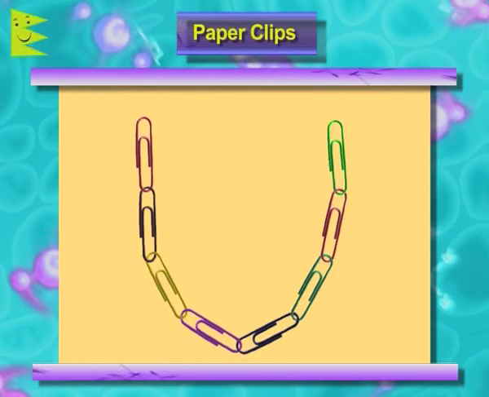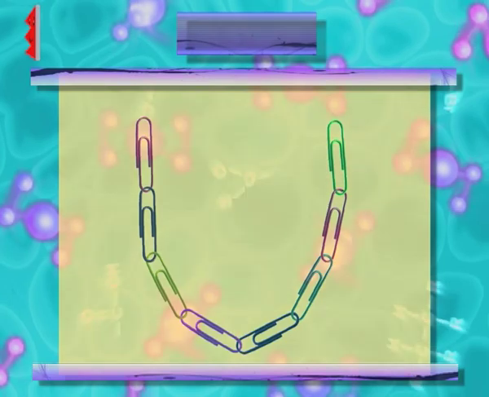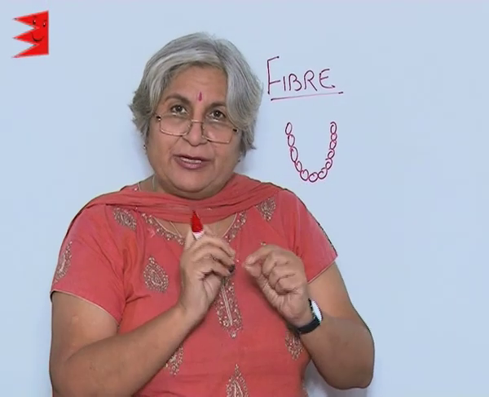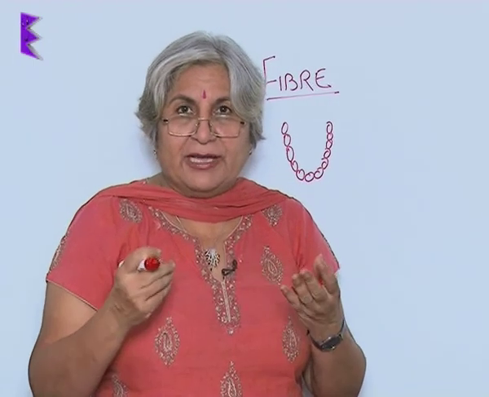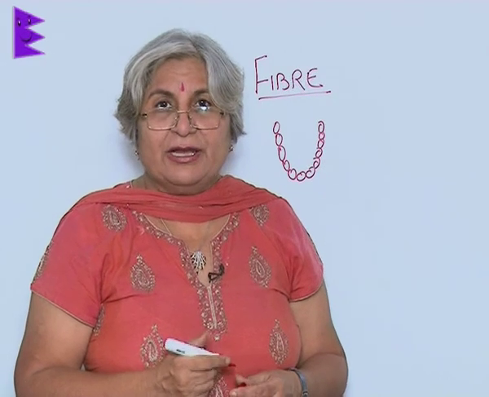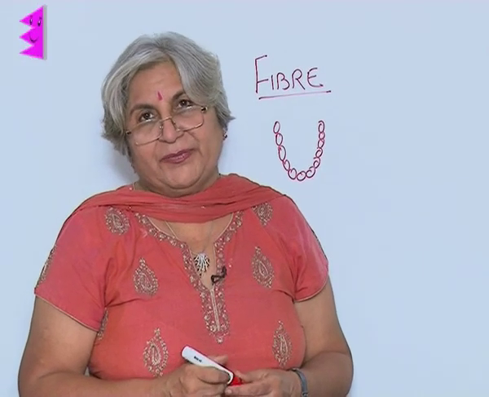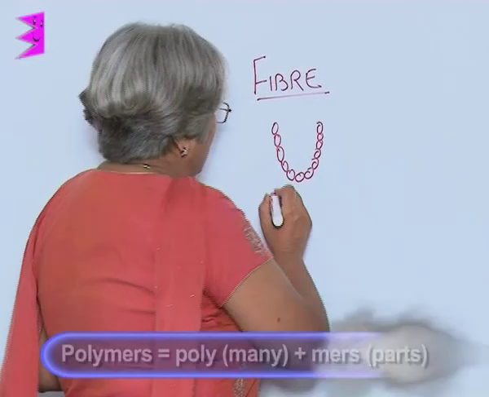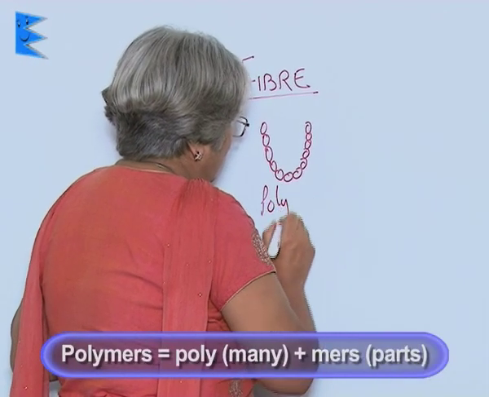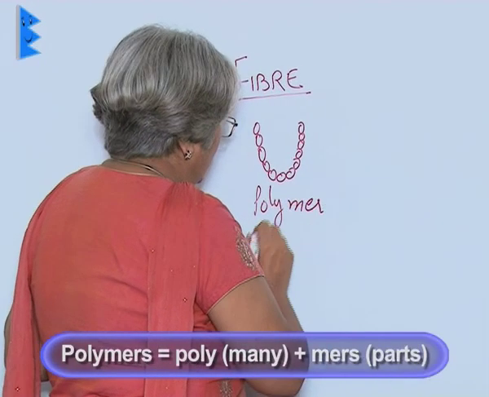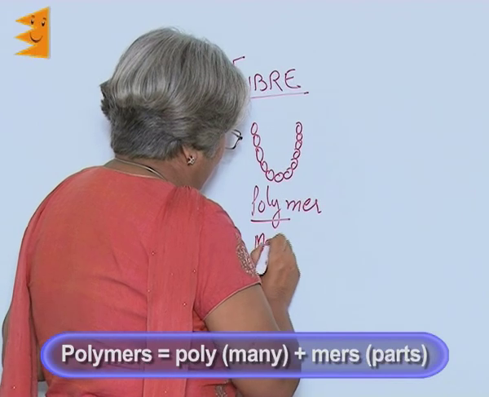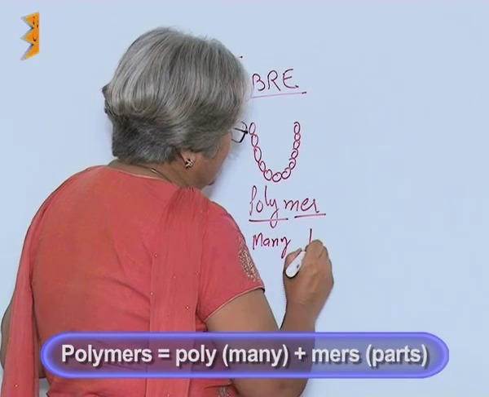Similarly, you can just take some clips and you can join them together. So just as different parts can get joined together and they form a new thing, similarly some molecules also join together and they are called polymers. The meaning of the word poly is many and mer is parts.